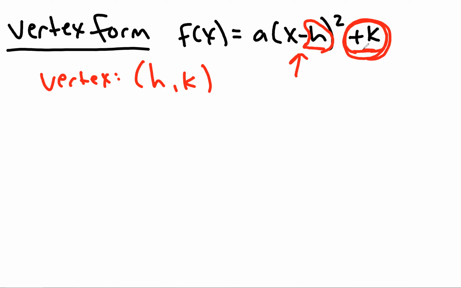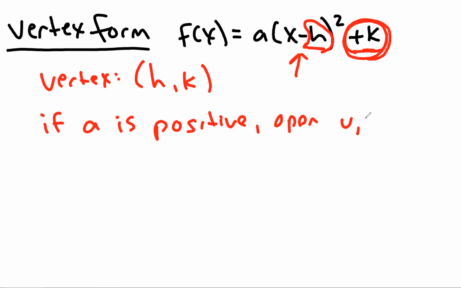Now, a couple of other things that we're going to know when it comes time to graph a parabola is if my a value is positive, my parabola is going to open upwards. So it'll look something like this.